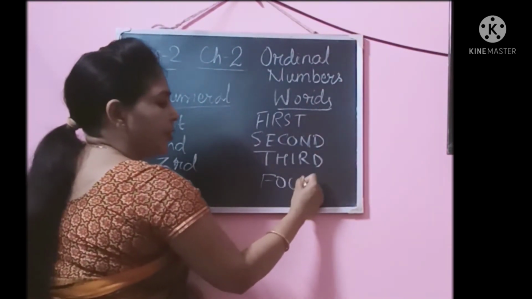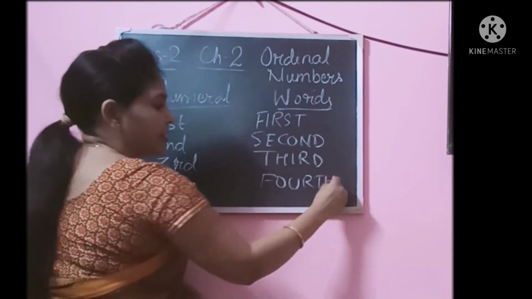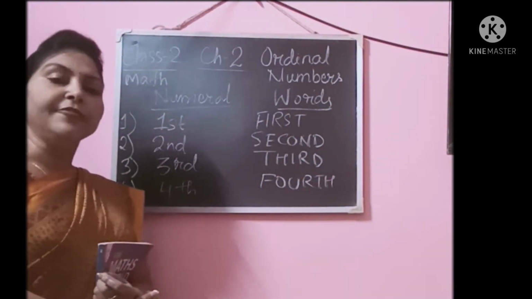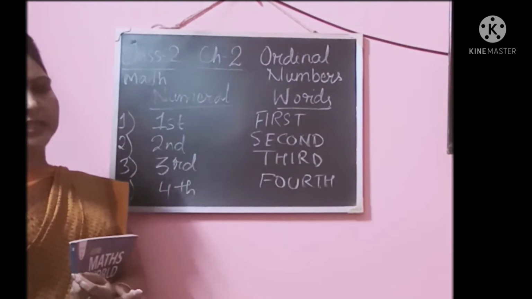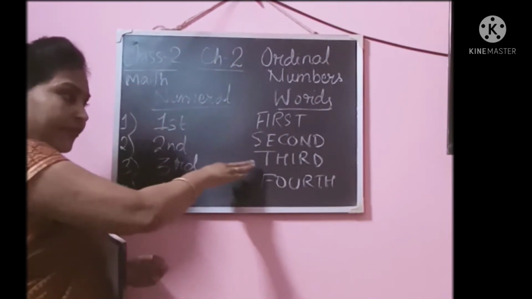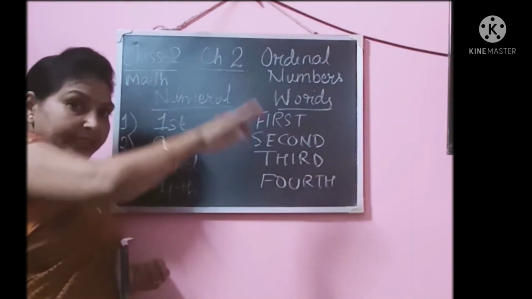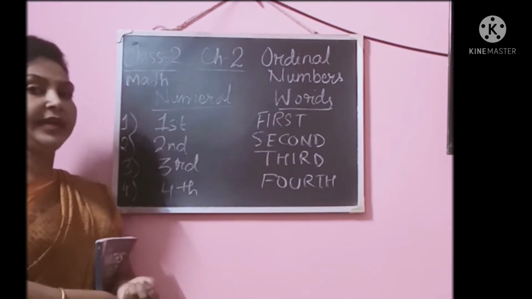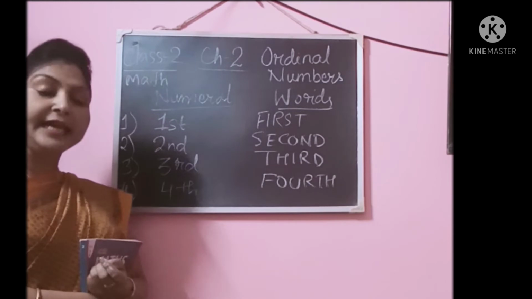After third, for the later numbers whichever we write, we add TH at the end of the number. Like after fourth we will say fifth, sixth, seventh, eighth, ninth and 10th.